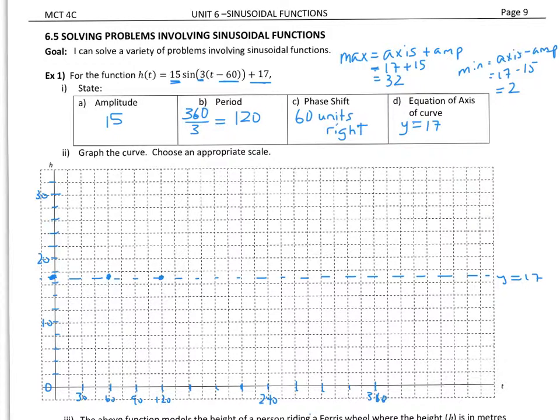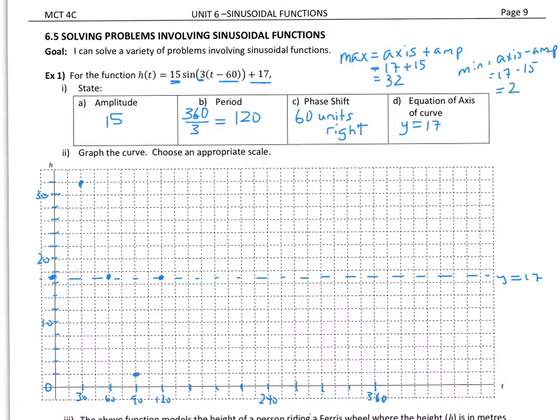And then halfway between the first 2 pair of points, I should be at the maximum. So I should have a maximum here at 32 when x is 30, and I should have a min when x is 90. Those 5 dots would outline one cycle of that sine curve without the phase shift.